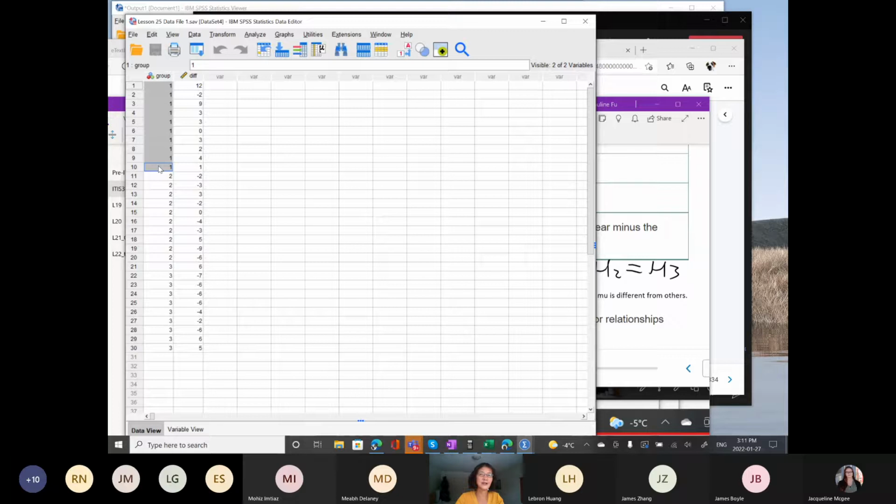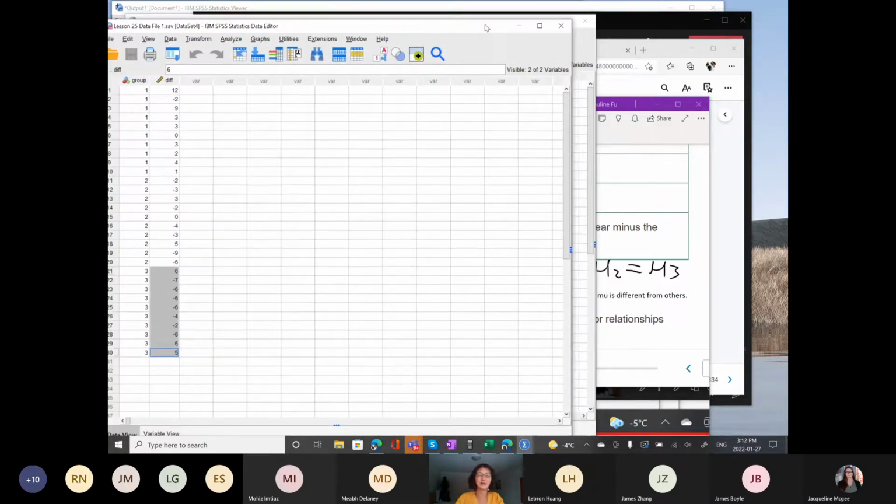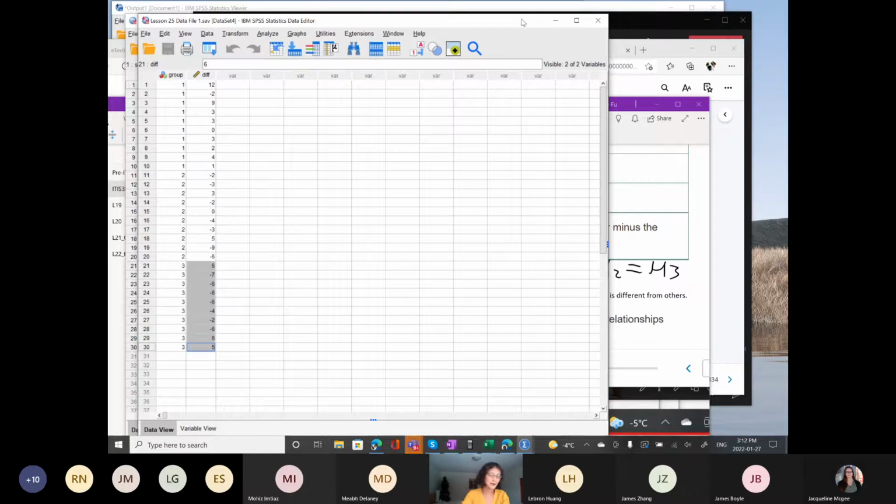Behind the group 1 sample, you have a population. And we want to see if the population mean for group 1 is the same as the population mean for group 2 or the population mean for group 3. We want to test the population mean. Hypothesis test is always targeting population.